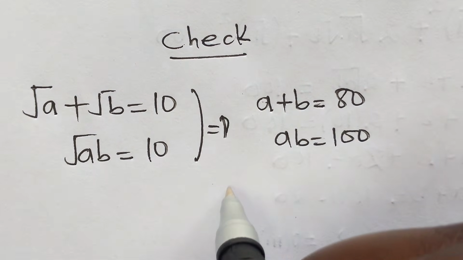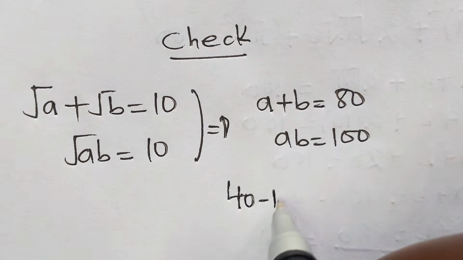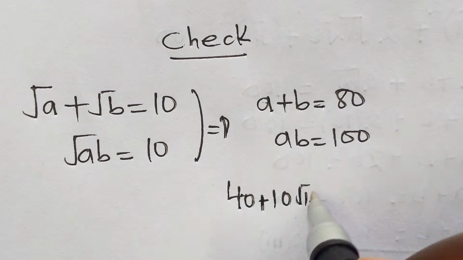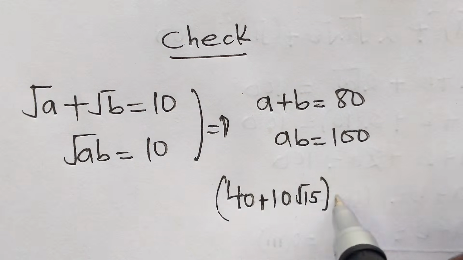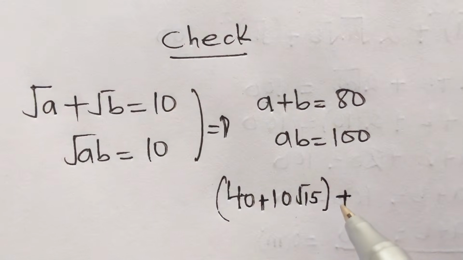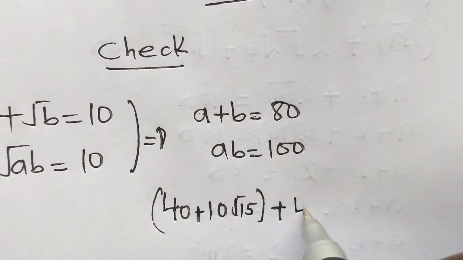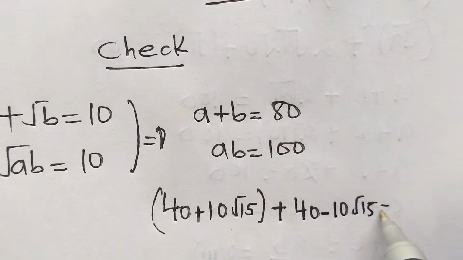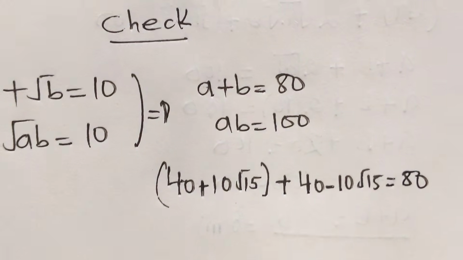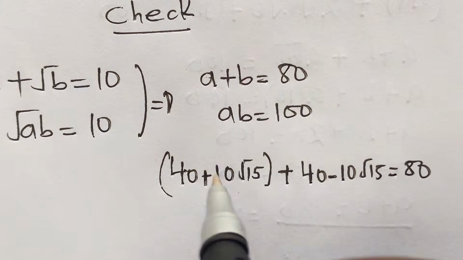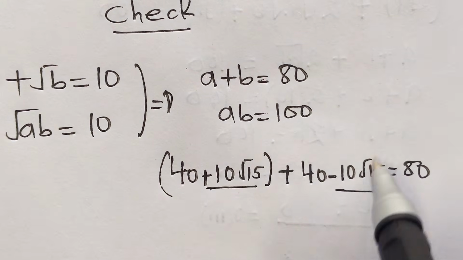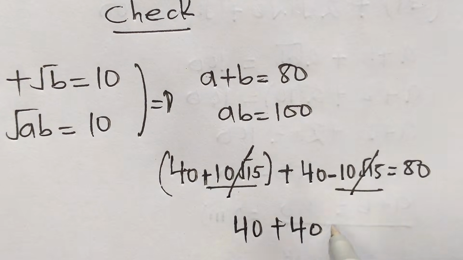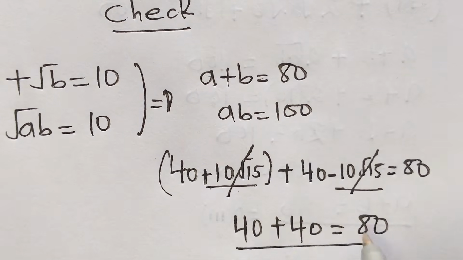We have a, which is equal to 40 plus 10 square root of 15, then plus b, which is 40 minus 10 square root of 15, which is equal to 80. Of course here I have plus this one and negative this, so that they cancel to get 40 plus 40, which is equal to 80.